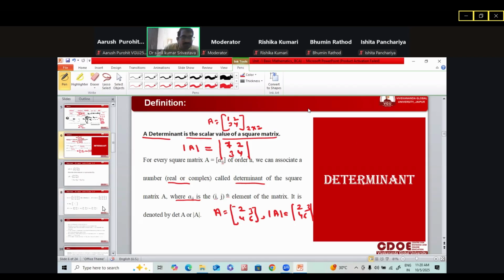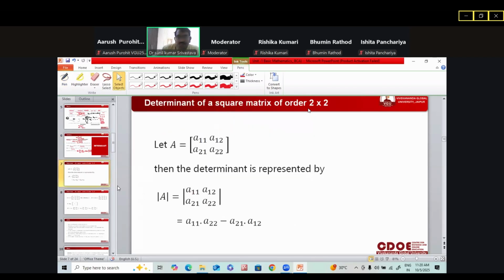So this is the meaning of the determinant of a matrix. Here we have written the detail: the determinant of a square matrix of order 2 by 2. This is the determinant of a matrix of order 2 by 2.